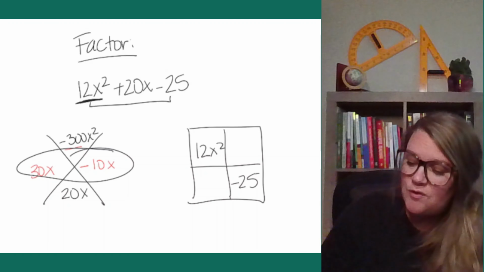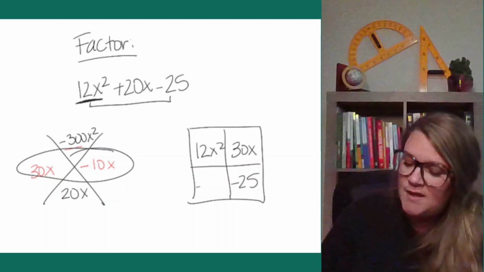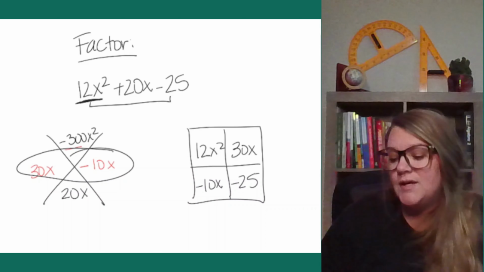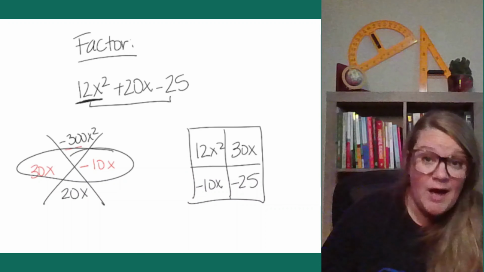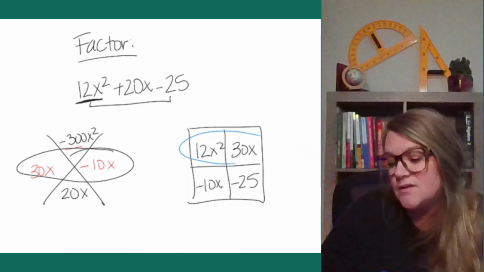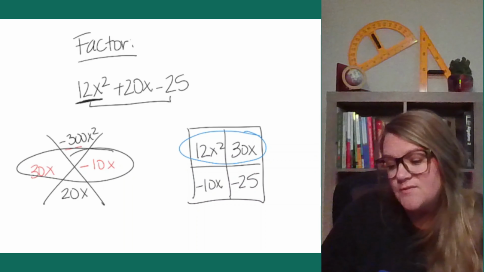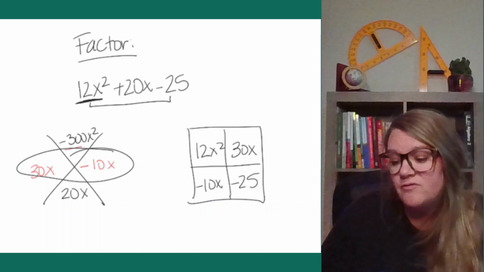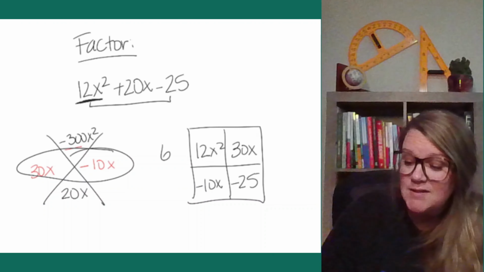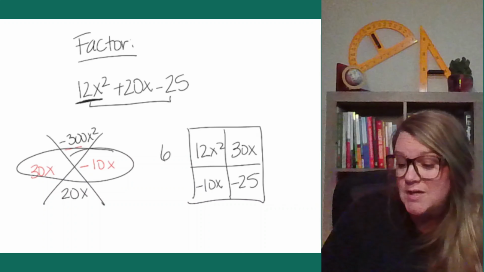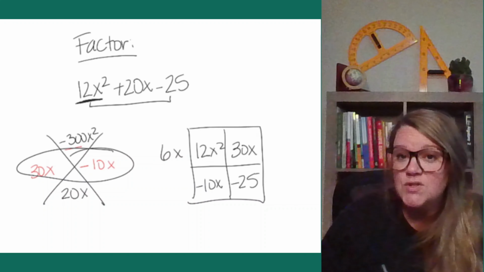So I'm going to go with 30x here and negative 10x right here. Now, we're just going to get the outside of our Punnett square started by looking at the top row. And I'm just thinking to myself, what can I take out of 12x squared and 30x? I know I can take a 6 out of both of them, and I can also take an x out of both of them. And this just helps me get started.